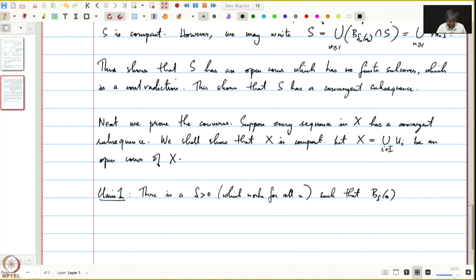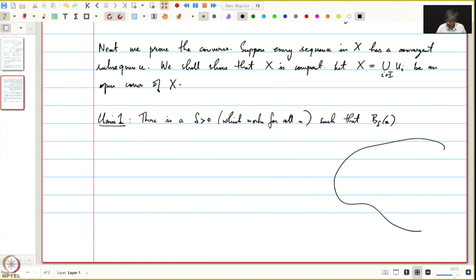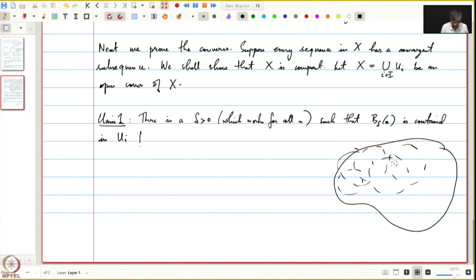So we are given our space X, and this has an open cover, right? So no matter which x we choose, when we take this ball of radius delta around x, it will be contained in one of the Ui's, yeah, is contained in Ui for some i. Okay, is completely contained in one of the Ui's.